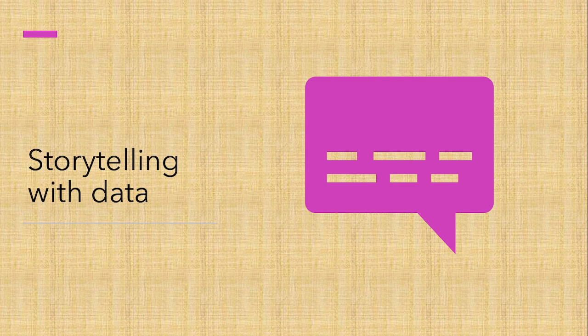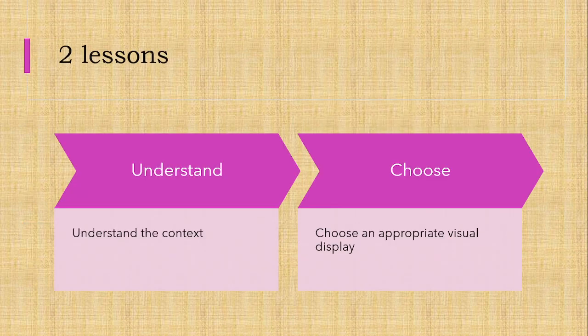So let me scroll to the next slide to see what this storytelling with data is all about. We are going to consider two subheadings. Number one is understand, number two is choose. Understand is about understanding the context first, and then choose an appropriate visual display.